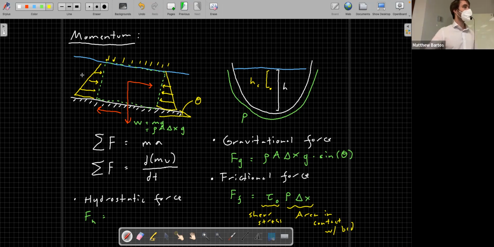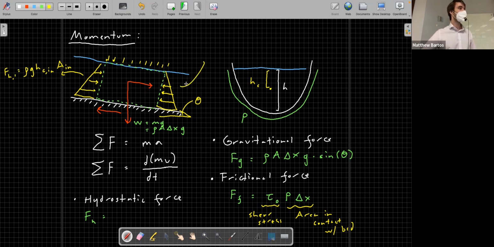Okay, so the pressure applied at the upstream face, the total force is going to be rho g times the height of the centroid at the upstream, so I'll say HCN times the area at the upstream end, AN. Okay, so this is the hydrostatic force at the upstream end.